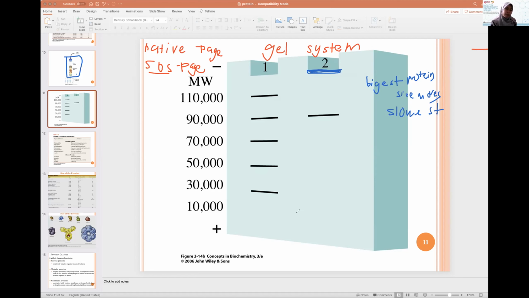If you have a small protein, the small protein will move faster. Inside this acrylamide there are also pores, in the polyacrylamide gel system. So the protein will move according to the charge and according to the size. The biggest protein will move slowly.